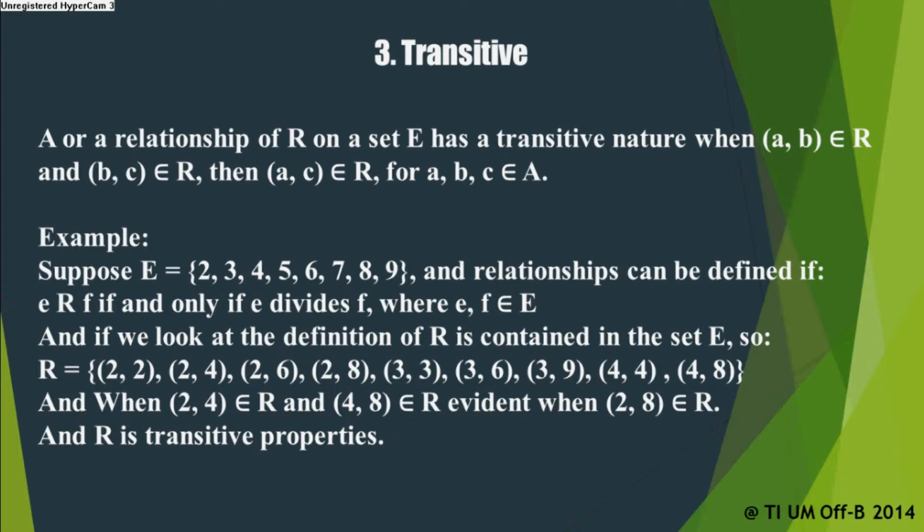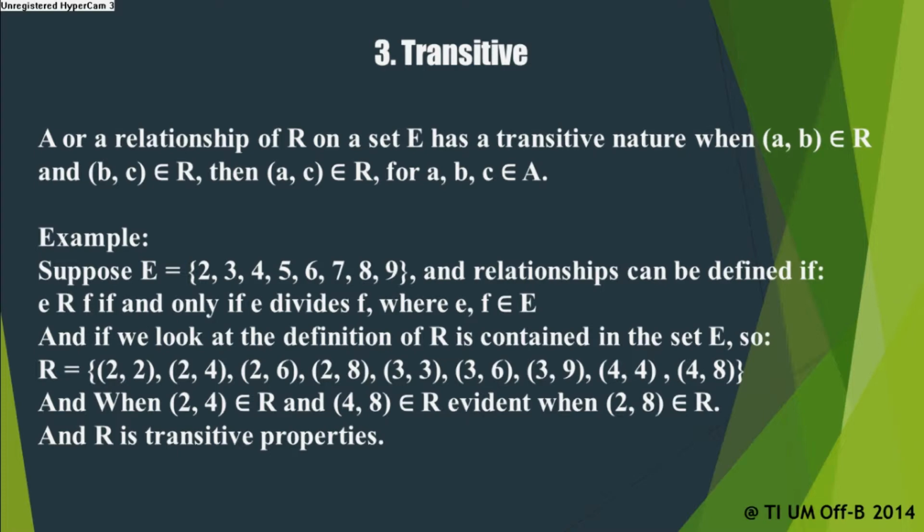For example, suppose E equals 2, 3, 4, 5, 6, 7, 8, and 9, and a relation is defined by e R f if and only if e divides f, where e, f are in E. If we look at the definition, R contained in the set E is (2,2), (2,4), (2,6), (2,8), (3,3), (3,6), (3,9), (4,4), (4,8).